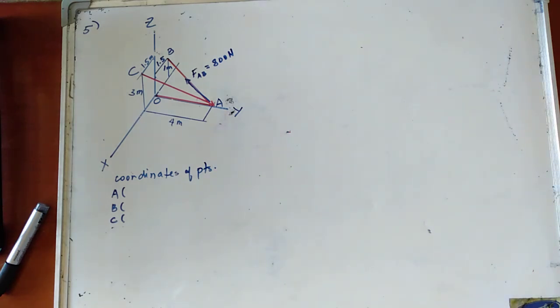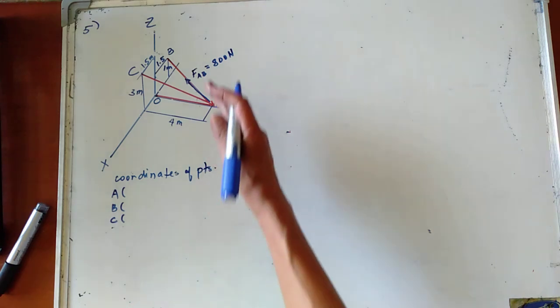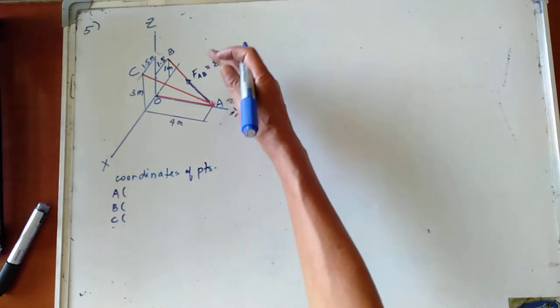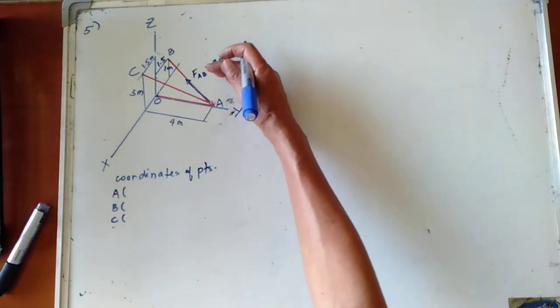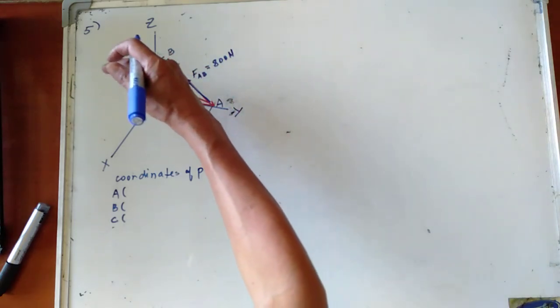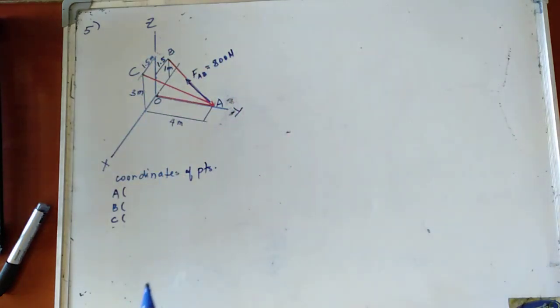Determine the projected component of the force along cable AC. So what is the projected component of this force along cable AC? Express the result as a Cartesian vector.